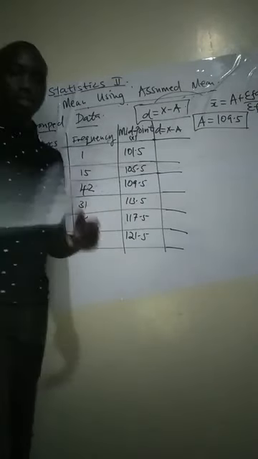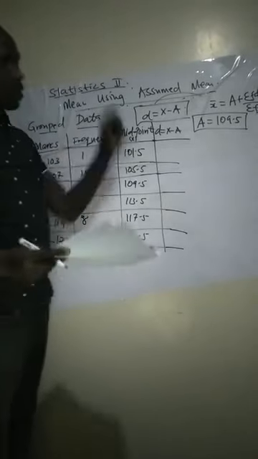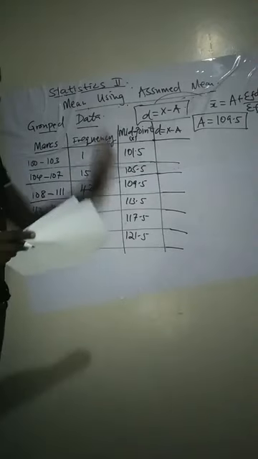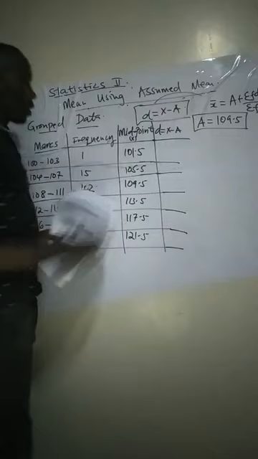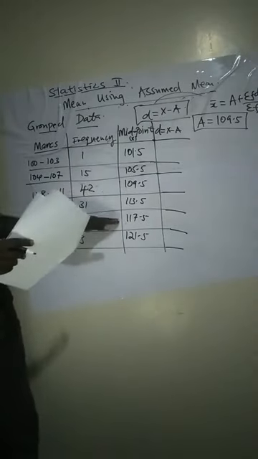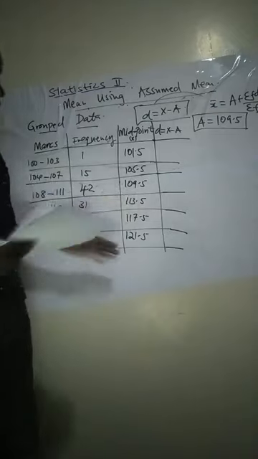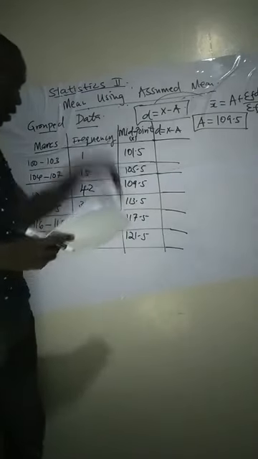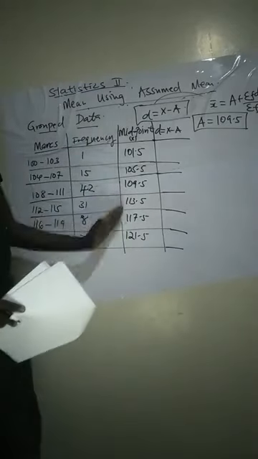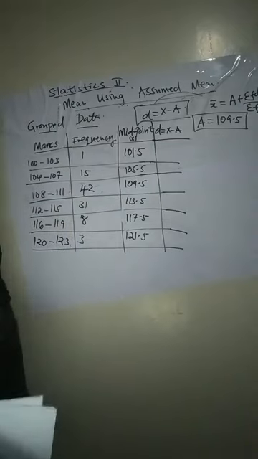In the event that I give you a question and I do not give the assumed mean, you pick any of the values of X to be the assumed mean. Any of these values, we will all get the same answer. So you can take 105.5 as the assumed mean, 117.5 as the assumed mean, etc.